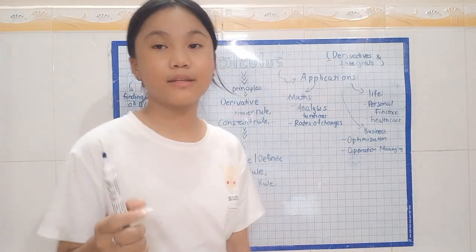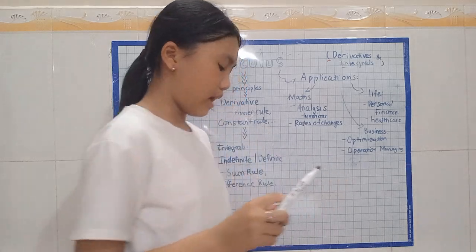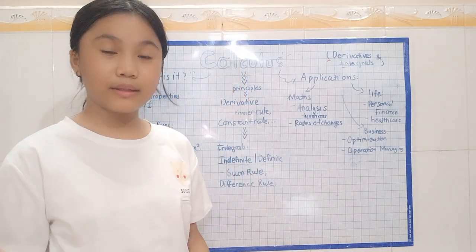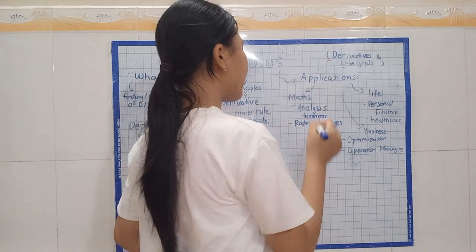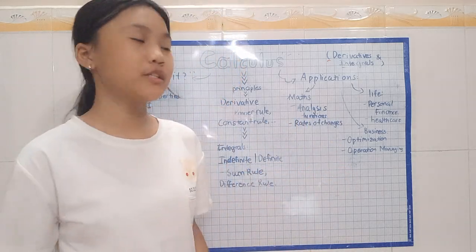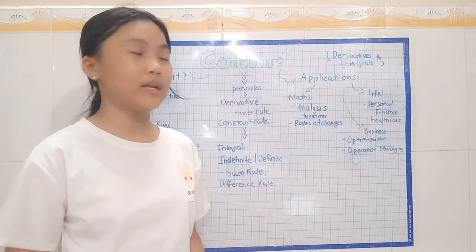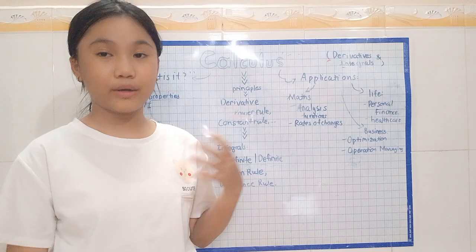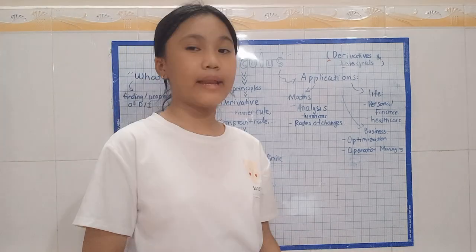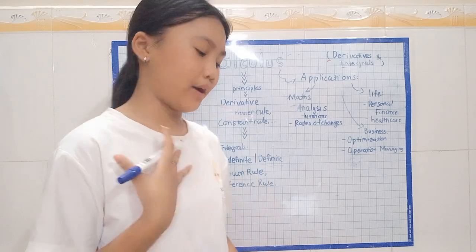Now let's look at its basic applications. In mathematics, it's used for a lot of things that are really helpful for us. It could be used to analyze different kinds of functions, to calculate rates of change, and for optimization, so the problems we're solving are easier and more convenient to calculate.